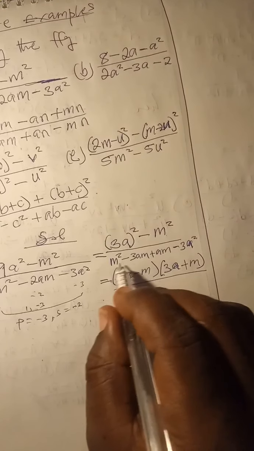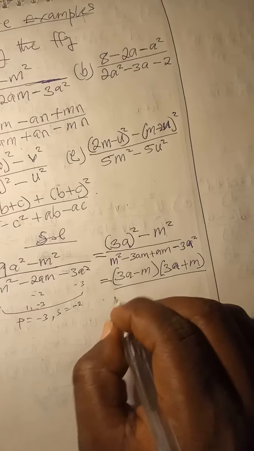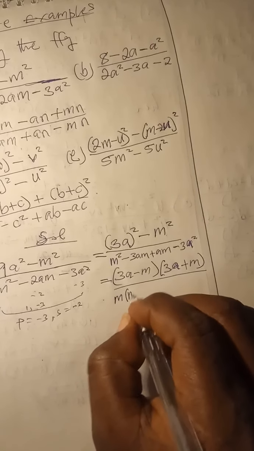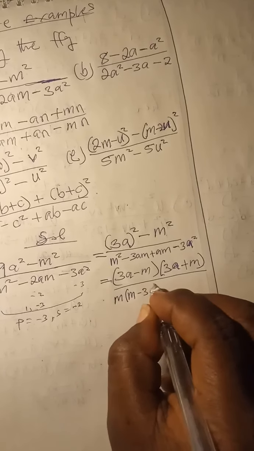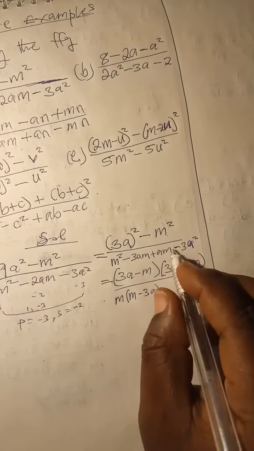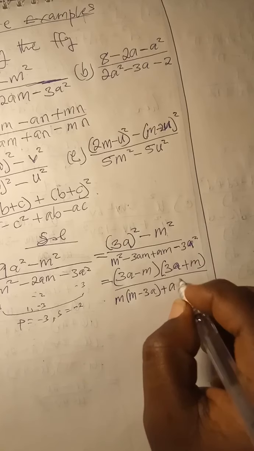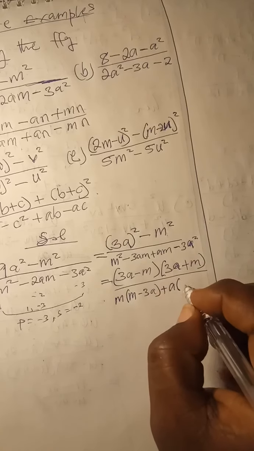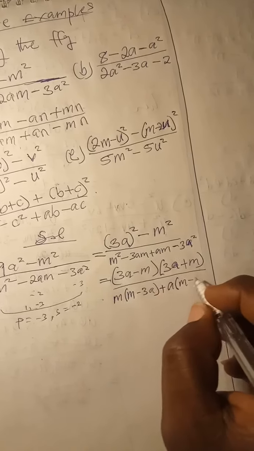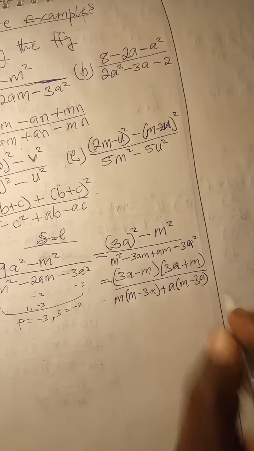What can be taken out from here? m. Then m minus 3a. See that? Here I have a can factor out, to give me a bracket, then m minus 3a. As simple as that.